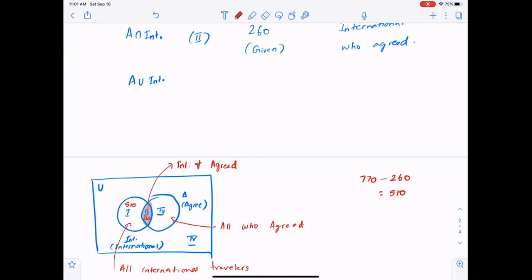Now, off to the other side. We have the information that 440 people agreed with the statement. If the total number of people who agreed is 440, and I already accounted for 260 who are international and agreed, I have to subtract 440 minus 260. That would result in 180.